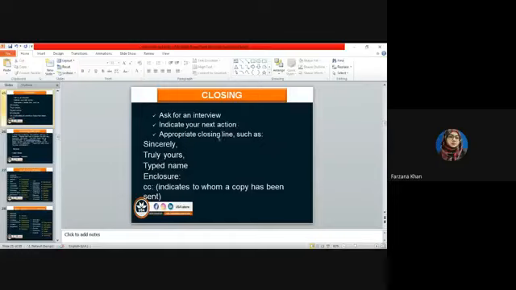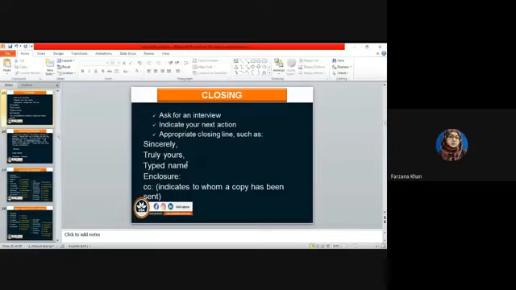You will use appropriate closing lines such as sincerely, yours truly. Again, at the end, you will follow this format of the letter for how to conclude, how to close the letter. You will give the complimentary closing, and then there will be space for your signature, and then you will type your name.